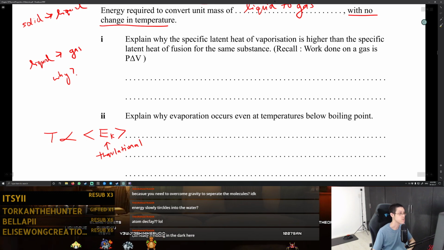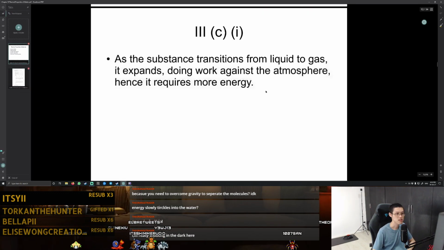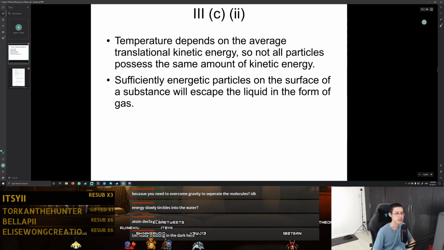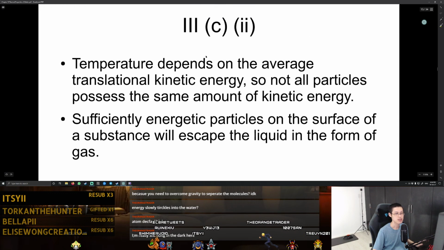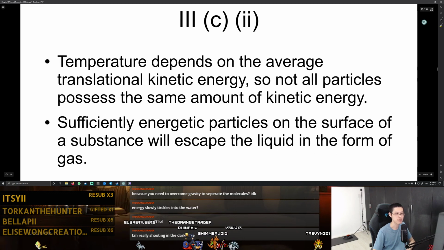Okay, so you want to say this: temperature depends on the average translational kinetic energy, so not all particles possess the same amount of kinetic energy. Sufficiently energetic particles on the surface of a substance will escape the liquid in the form of a gas.